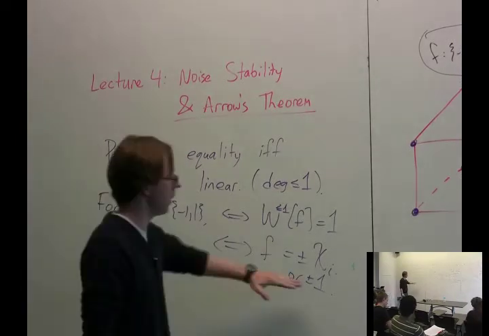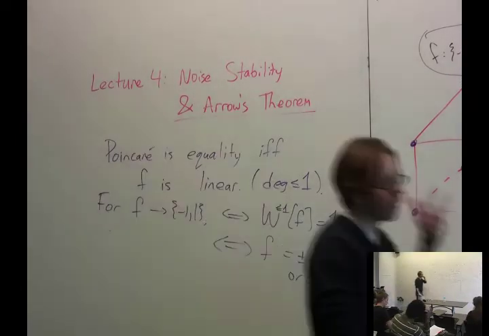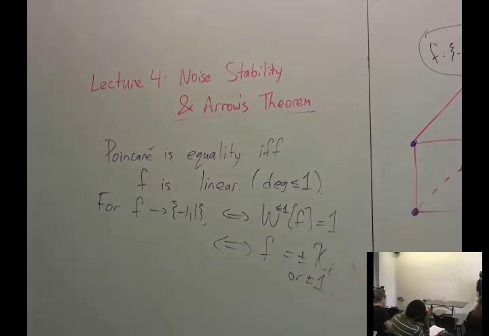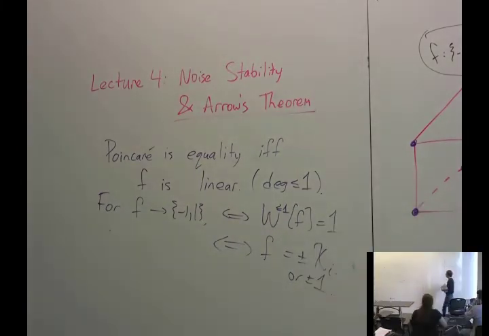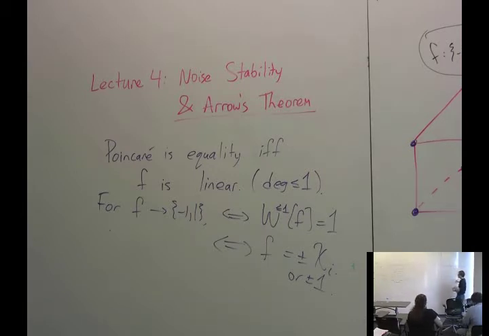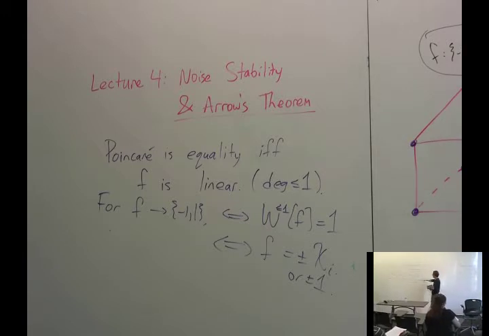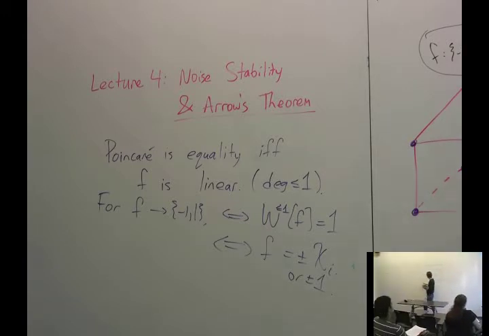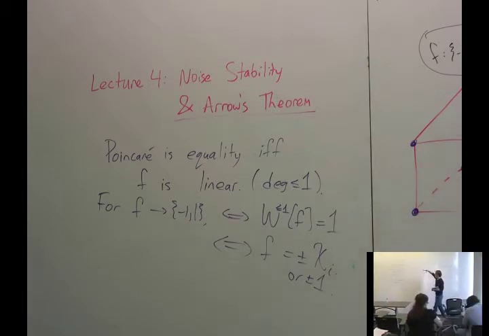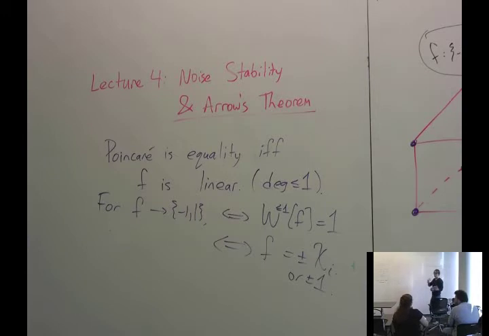Okay, it's more interesting in the case where alpha is not 0 or 1. But in particular, for example, if you fix alpha to be a half, this says that the total influence is at least 1. That's like saying the fraction of edges of the cube that are on the boundary is 1 over n. And indeed, that is sharp if F is a dictator. It's half of the cube in one of the coordinate directions.